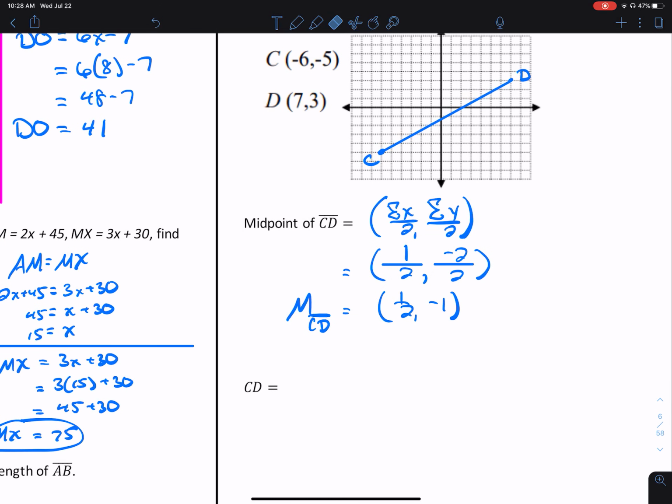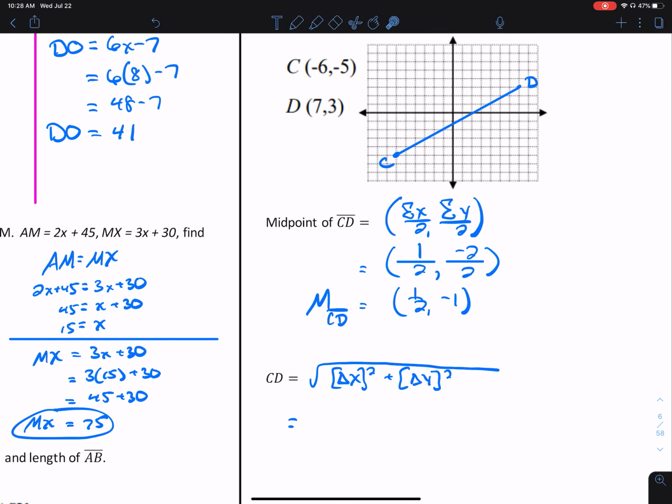CD, to find this length, we're going to use the distance formula, which says we subtract the x values, then square it. We subtract the y values and then square it.